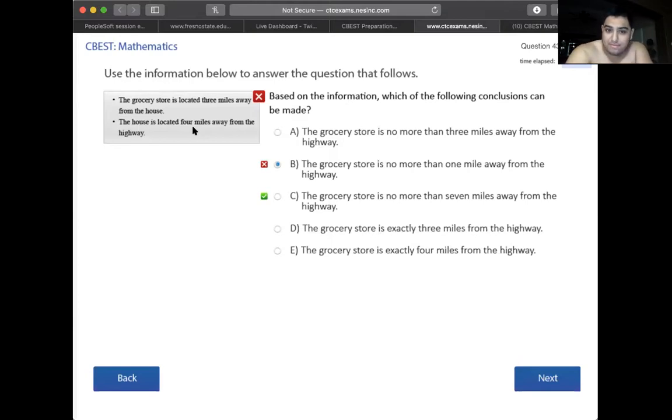The grocery store wouldn't be 3 miles away because the house is about 4 miles away and the house from the grocery store is 3 miles away. So either way, if you subtracted or added, it wouldn't add up to 3. Now, the grocery store is no more than 1 mile away from the highway.